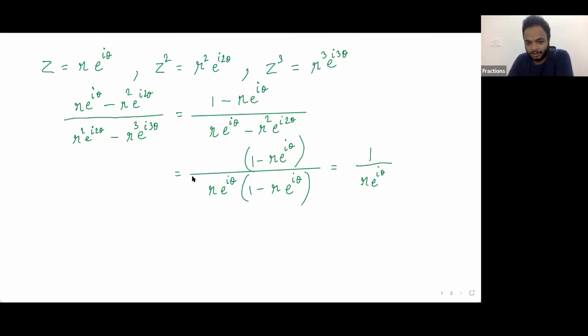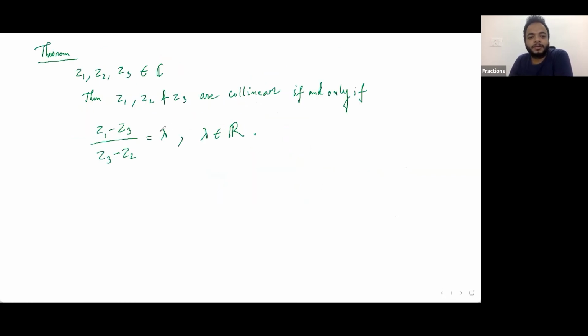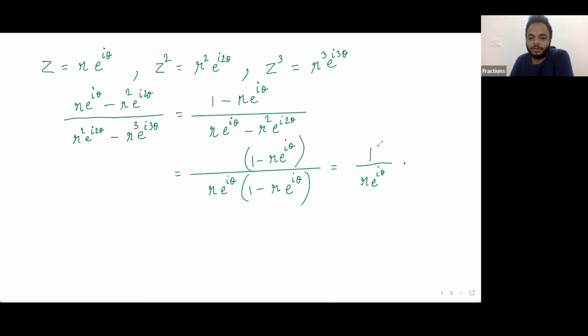So if these two are not the cases, then we can simply cancel out 1 minus r e to the power i theta. And so finally we are getting this. And now we will use the theorem. So these three are collinear, given. So then we have that this ratio will be a real number. So if this has to be a real number, then this is 1 by r, which is a real number, times e to the power minus i theta.